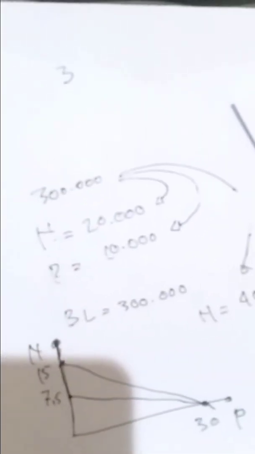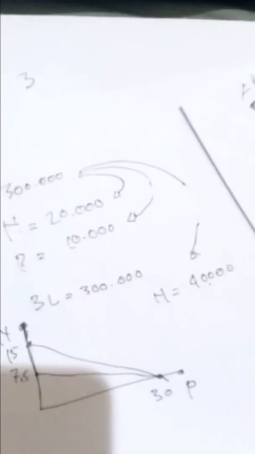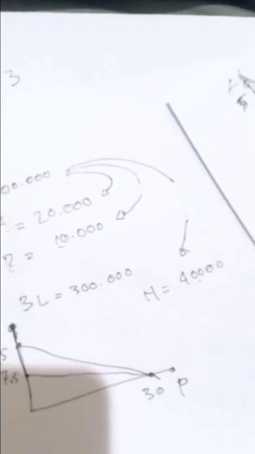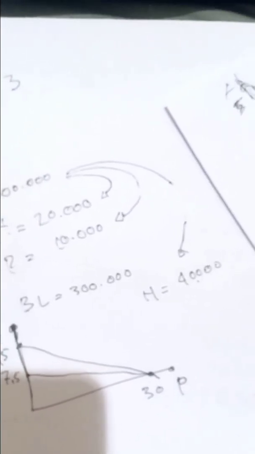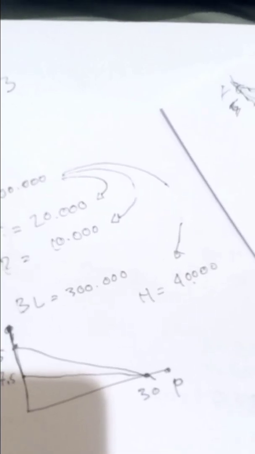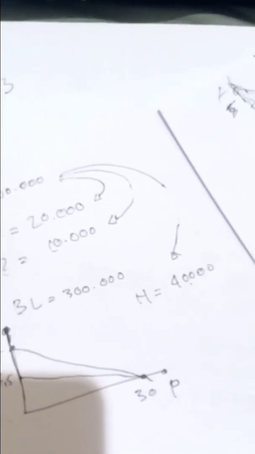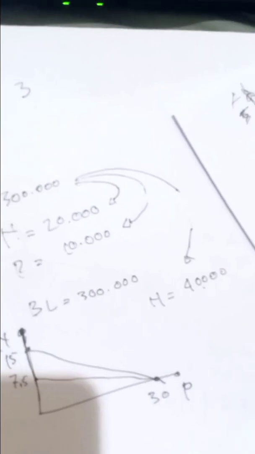Okay, next, number 3. What will be the change to the budget line if the price of the pen decreases? The price of pen decreases to 5,000, so we can get more.